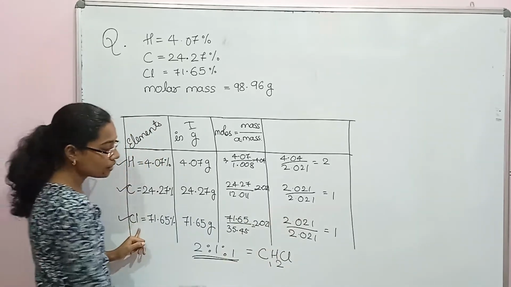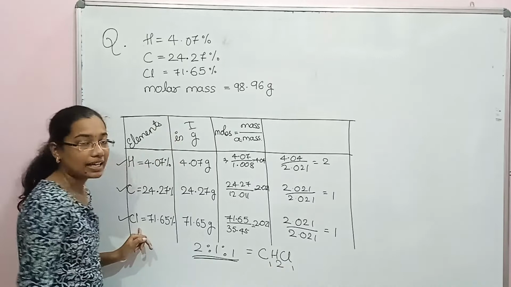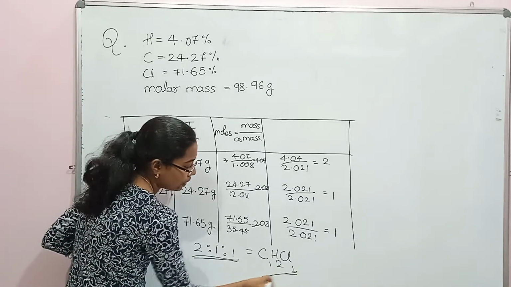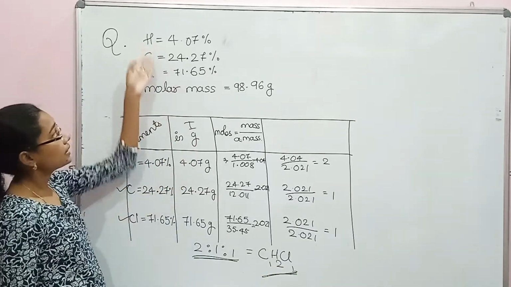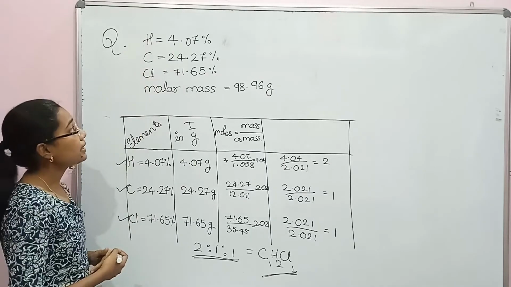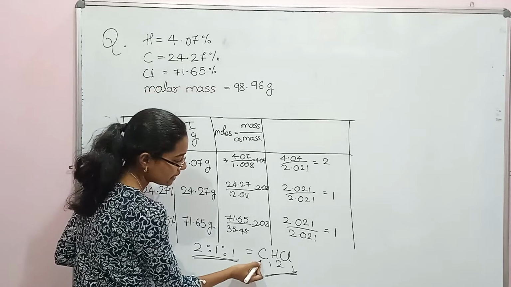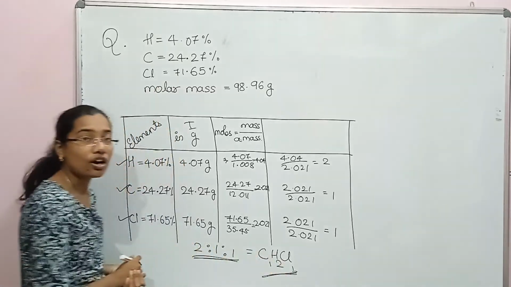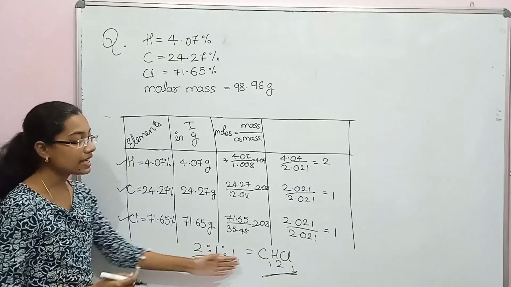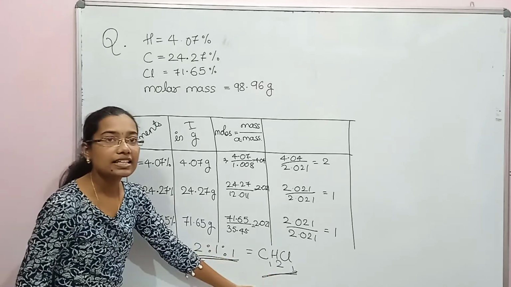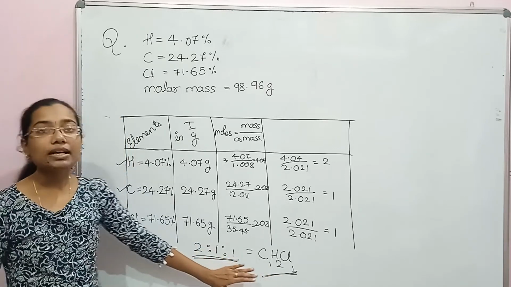For chlorine also we have got 1, and this is the empirical formula of these elements with the percentage composition. The empirical formula is C1H2Cl, or you can simply call it CH2Cl. Now we got the empirical formula.